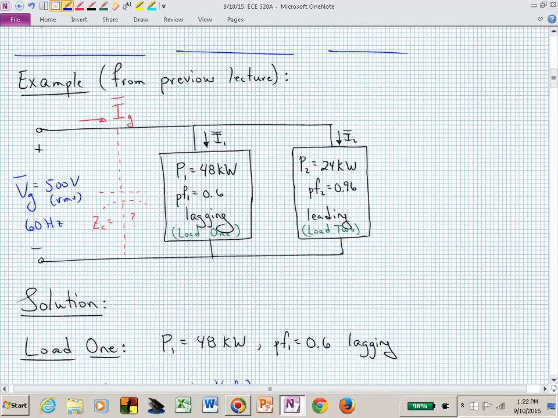Was there another question? Trying to set Q equals 0 is going to give you the most current.